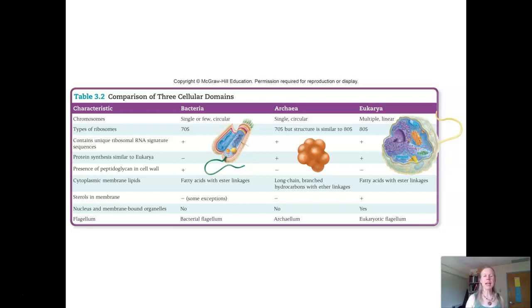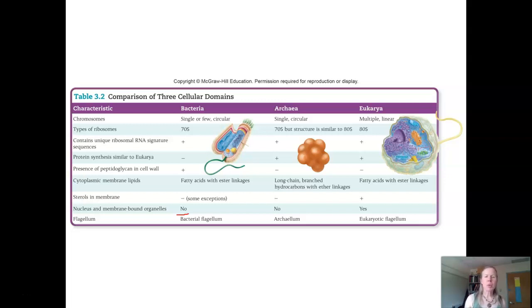Now, the big thing that people are always talking about when we think about bacteria is that they do not have a membrane-bound nucleus, right? Or organelles. So when people say there's no nucleus, that's what we mean. There's no membrane-bound nucleus. So that's a big one.